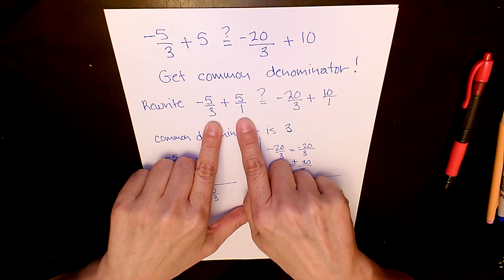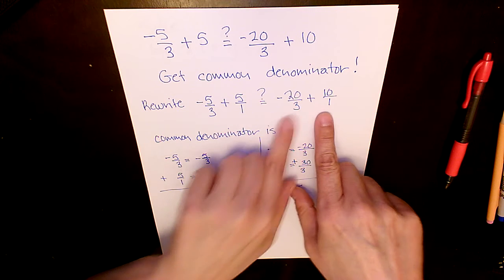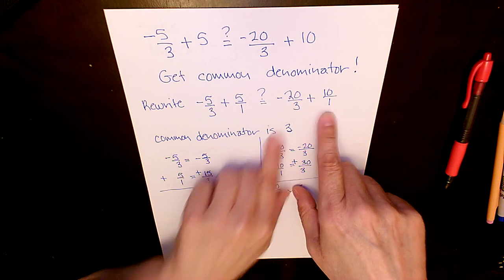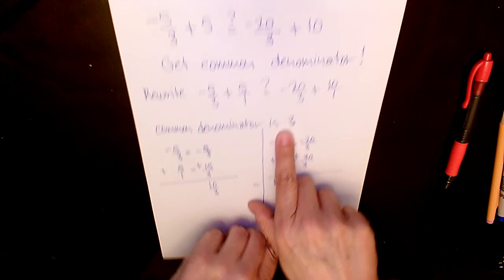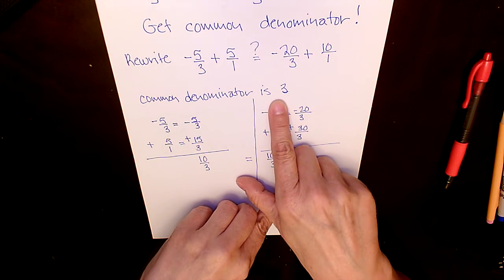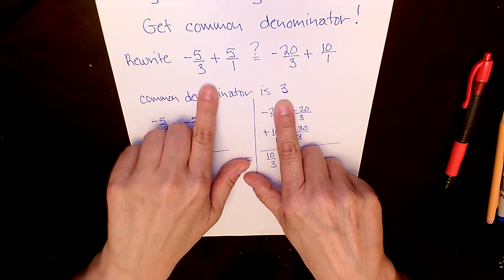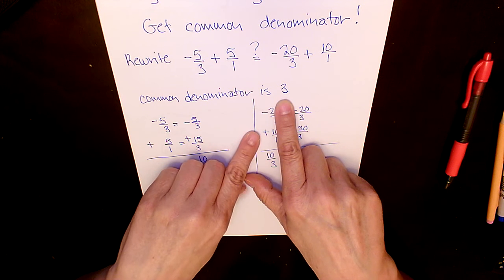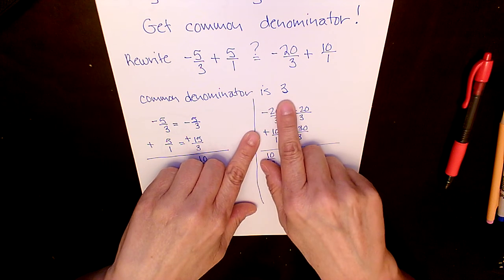So if I'm looking at the denominators, I've got 3 and 1, and over here I've got 3 and 1. So I'm thinking a good common denominator would be 3, because 3 goes into 3 and 1 goes into 3. Or you could even just take 3 times 1 and get 3.